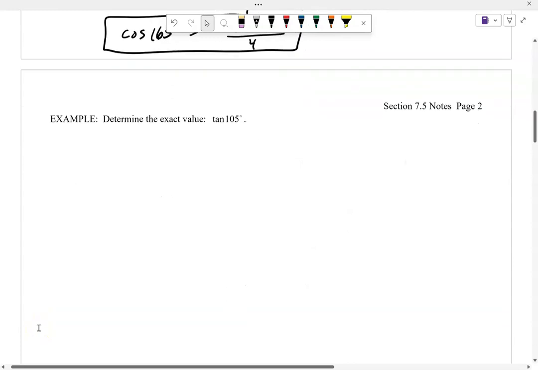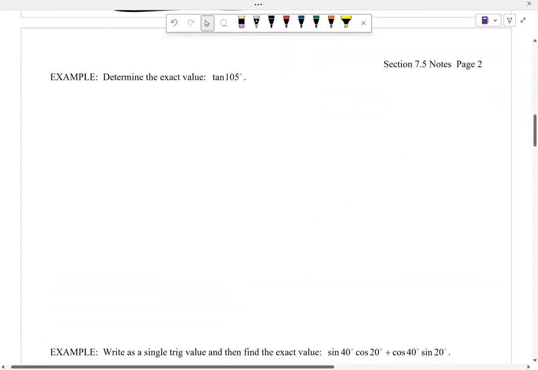Let's keep going then. Tangent 105. So now you're looking on your unit circle for two angles that either add up or subtract to give you 105. And so I would think, well, I know 60 and 45 works, right?